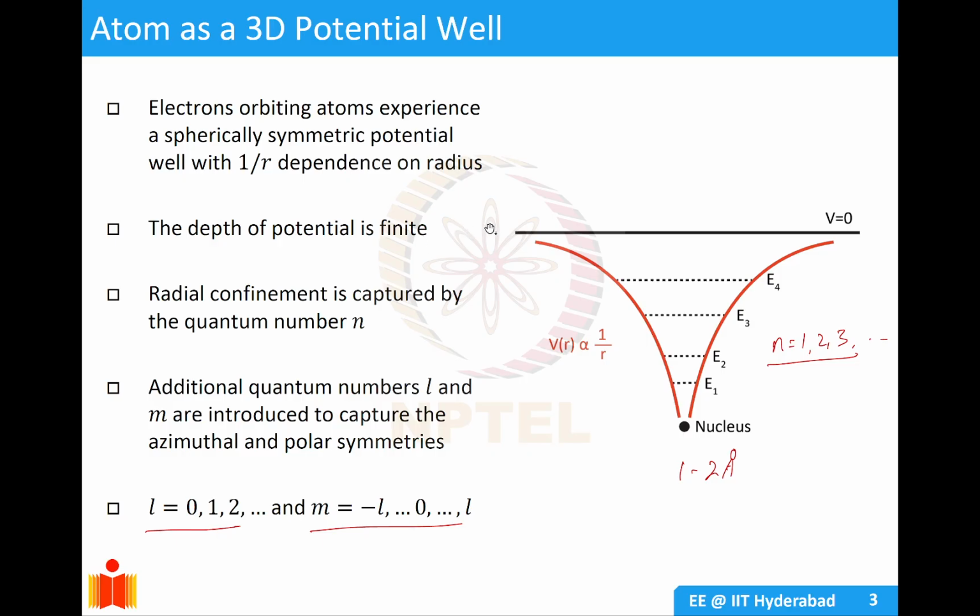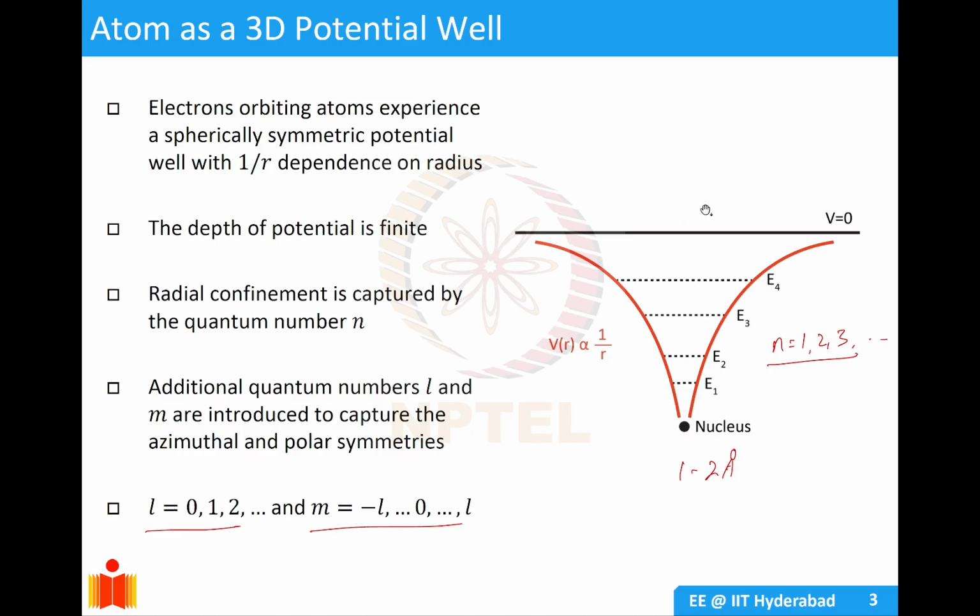We assume that the depth of potential is finite. The nucleus is at some finite depth, and we assume that vacuum, the free state where the electron is no longer bound to the atom, is at zero potential, the zero energy state.